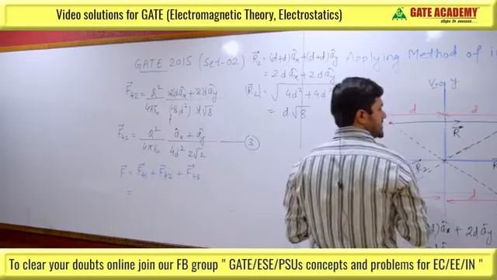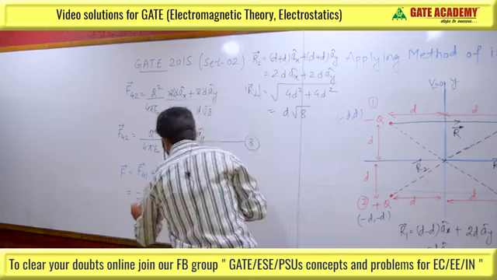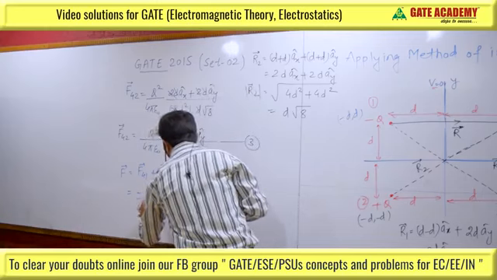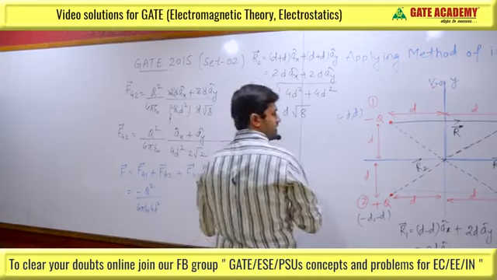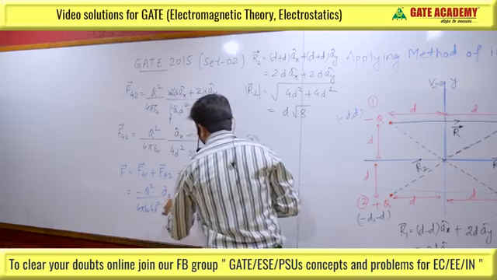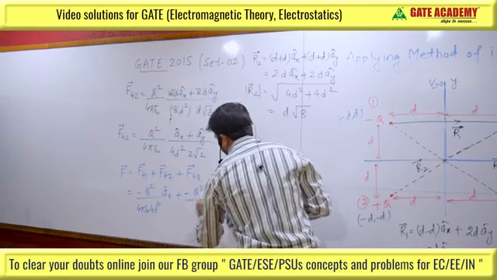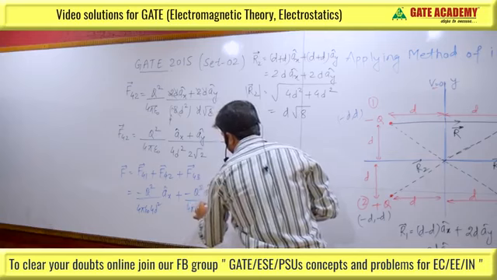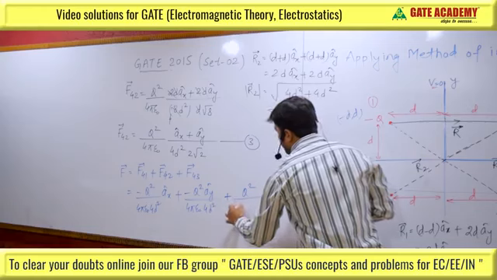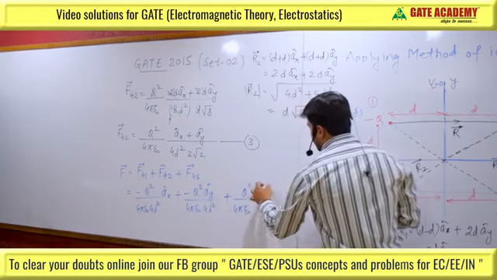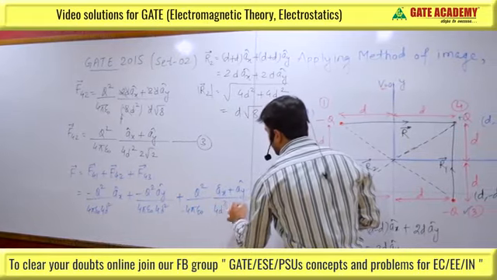So if we add all the 3 equations, we will get minus q square upon 4 pi epsilon naught 4d square ax cap plus minus q square ay upon 4 pi epsilon naught 4d square plus q square upon 4 pi epsilon naught, ax cap plus ay cap, divided by 4d square 2 root 2.